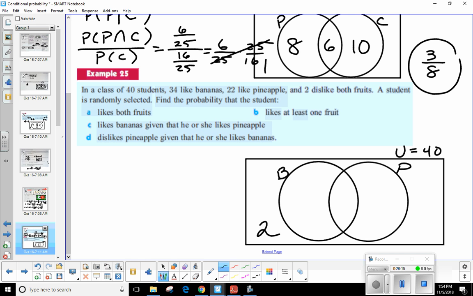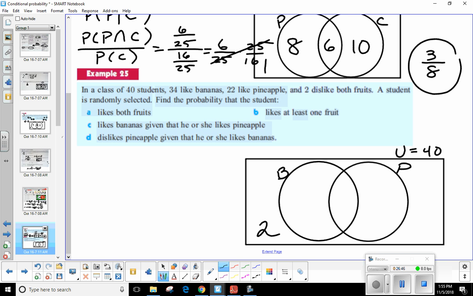Okay, so what do I do? How does that help me? Spencer? 34 minus x, because x is the intersection, plus 22 minus x plus x to get the 38. Okay, you are absolutely right. You're getting a little more complicated than I got. Okay, Eli, what do you think? So there's 38 students who like the fruits, right? It'd be like 38 minus 34, for example. 4 is the amount of people who only like pineapples, not also bananas.